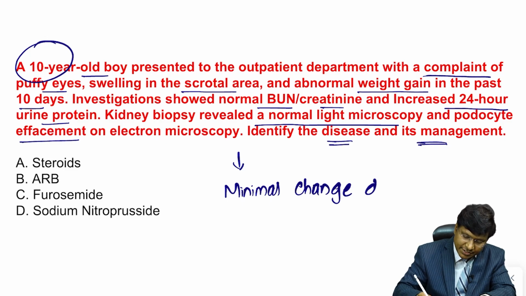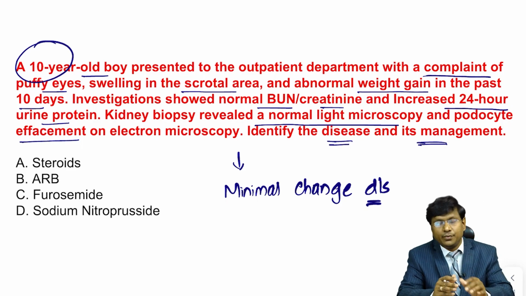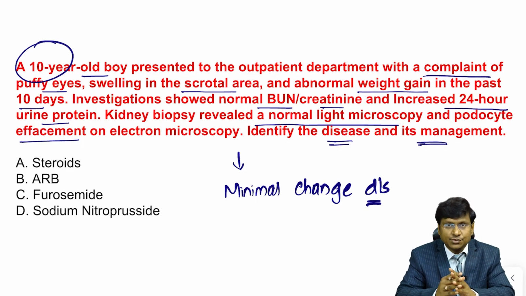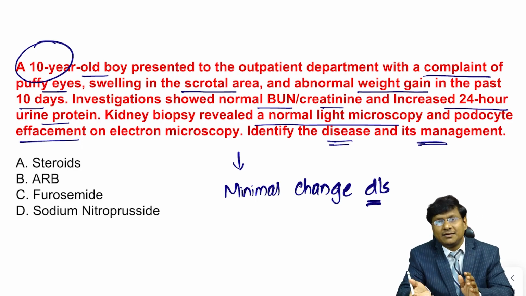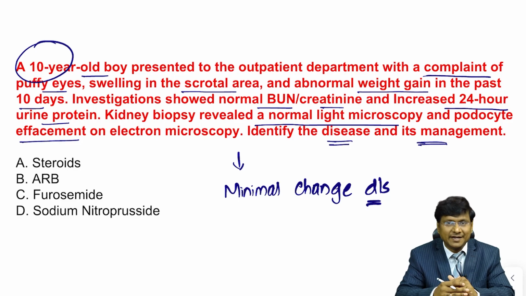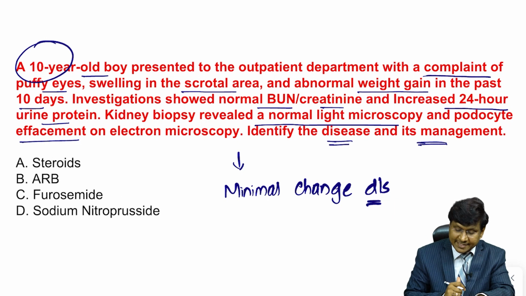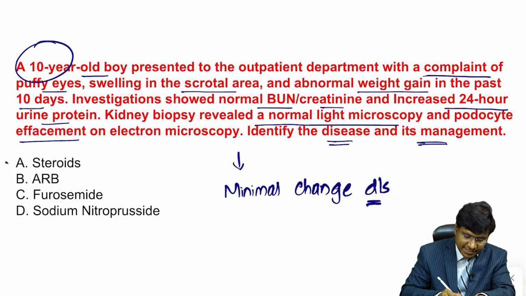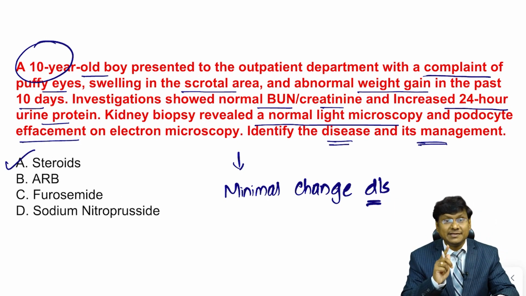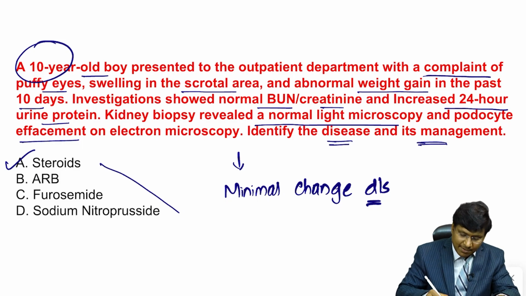It is a clinical scenario where the patient will have nephrotic syndrome with proteinuria of more than 2 grams per gram of creatinine, predominantly albumin, causing hypoalbuminemia, resulting in the development of puffy eyes as well as pedal edema. Now identify the disease, that is minimal change disease. What is the drug of choice? The drug of choice will be the steroids, and among the steroids, what we give is prednisolone.